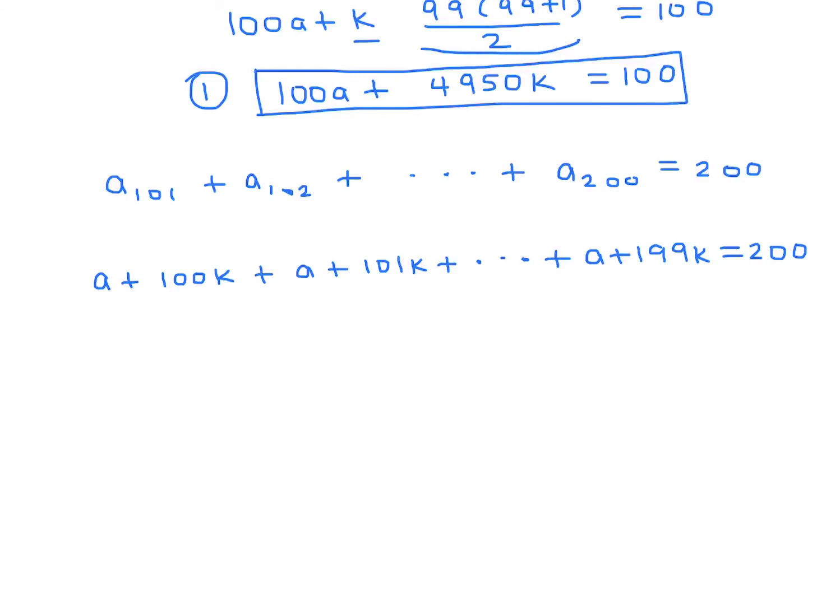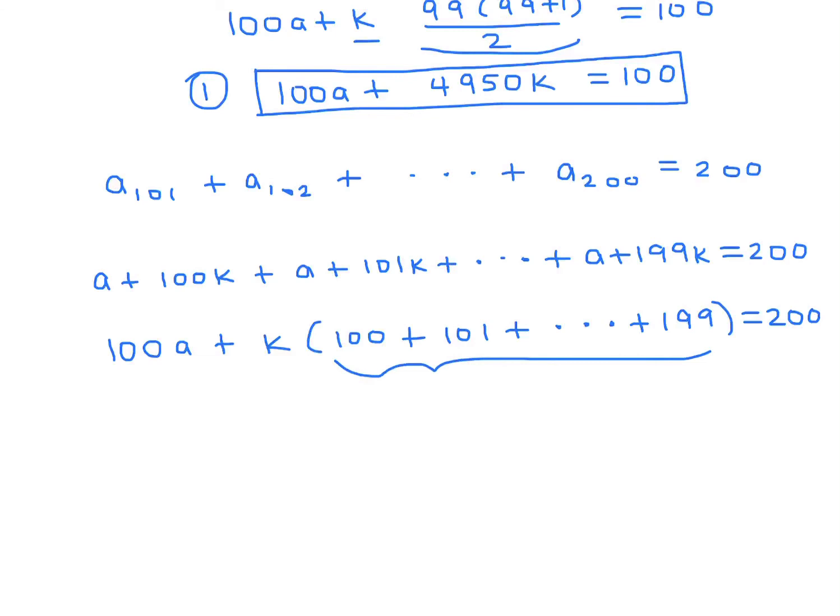In a very similar way, add all this up. So how many will we have? We'll have 100 a's again. And then if you factor out a k, you'll get 100 all the way up till 199, is equal to 200. All right, so this sum is a little bit trickier.